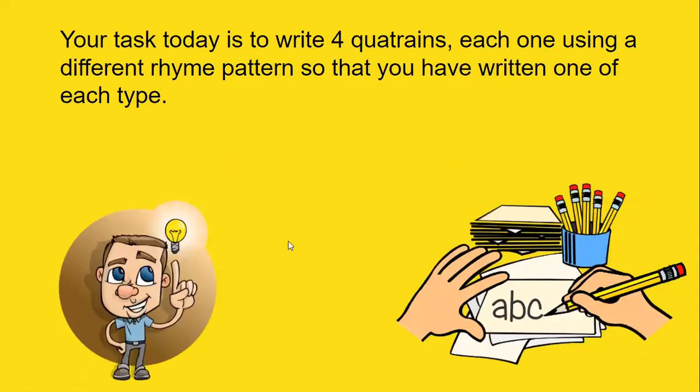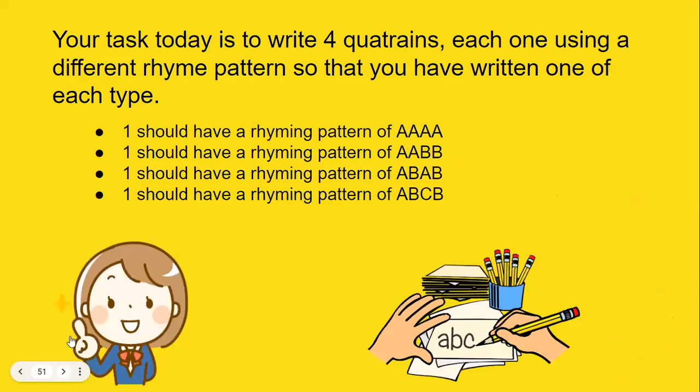Okay, your job is to write 4 quatrains, each one using a different rhyme pattern so that you have written one of each type. And we talked about what those rhyme patterns were. One should have a rhyming pattern of A, A, A, A, another A, B, B, A, another A, B, A, B, and one should have a rhyming pattern of A, B, C, B. So you're going to need 4 lines, and each of the poems having one of those rhyming patterns.